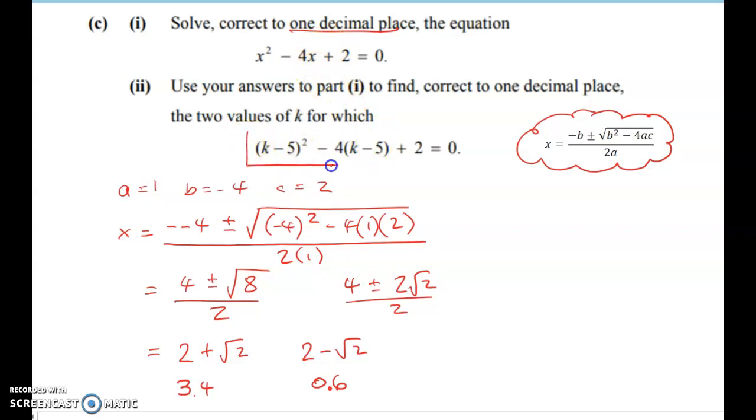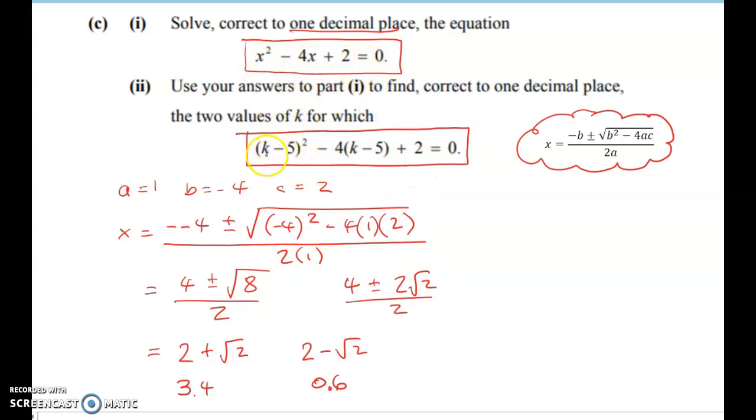Well, if you look really carefully at what you've got there, you'll see it's actually very similar to the previous part. So x squared minus 4x plus 2 equals 0. I've just noticed that there's a connection between these two.